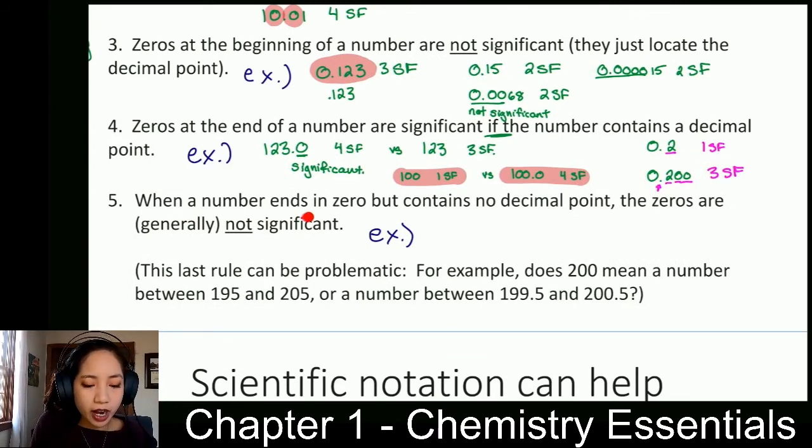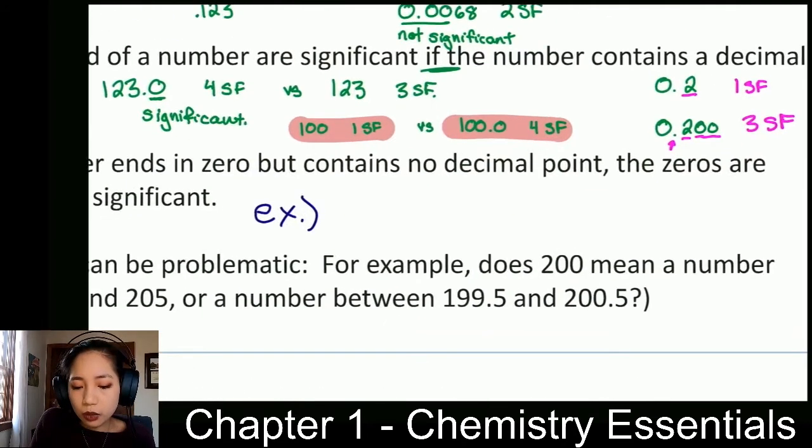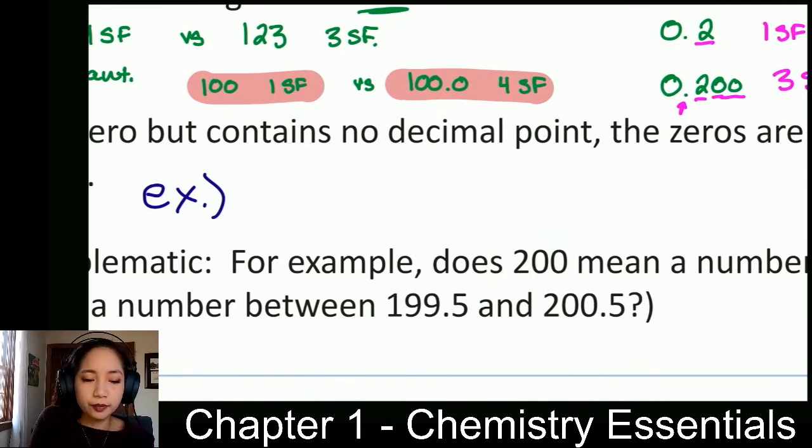All right, so that kind of brings us to number 5. When a number ends in 0 but does not contain a decimal place, the zeros are generally not significant. This last rule can be kind of problematic for large numbers. So let's say we have some type of measurement that's like 200. So as written, 200 has 1 sig fig, right? Because there's zeros at the end, there's no decimal place, so the only significant figure is 2.